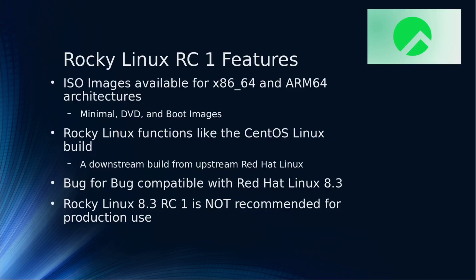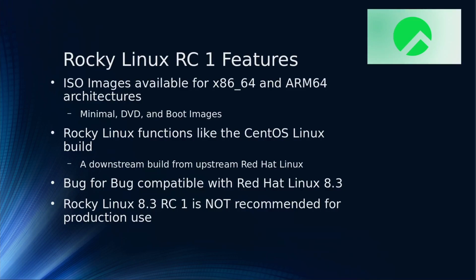But the first thing is that right now, Rocky Linux offers two ISO images, one for x86 64 and the other one for ARM 64 architectures. So, yeah, it does not have the PowerPC release. It doesn't have some of the other releases that CentOS had yet, but I'm sure they'll probably get to that eventually.